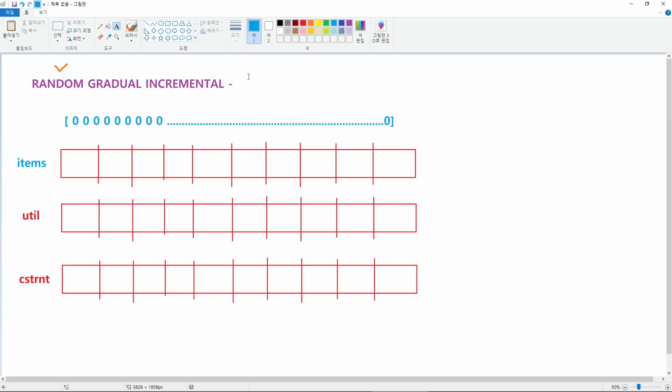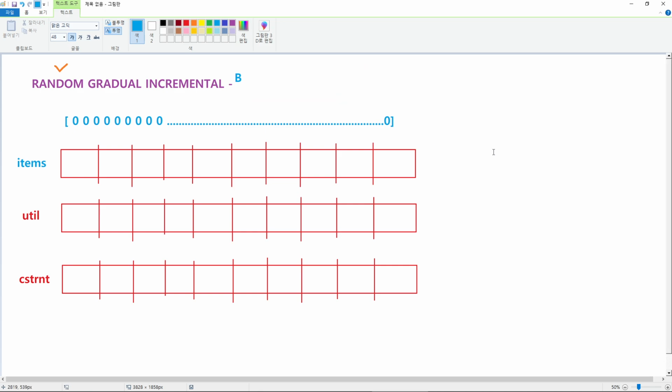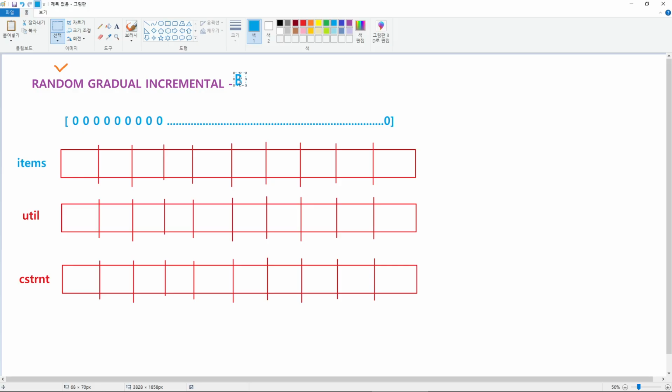So this one is called B, as in type B. What this does is it is still random, because I'm still choosing 10 items randomly, but in this method, there's no guarantee that items that were chosen in the previous era stay.